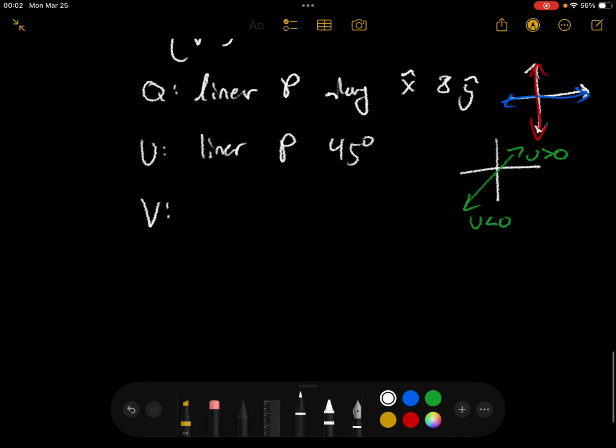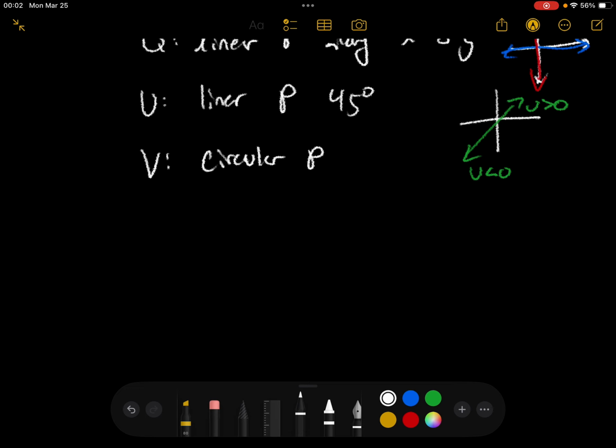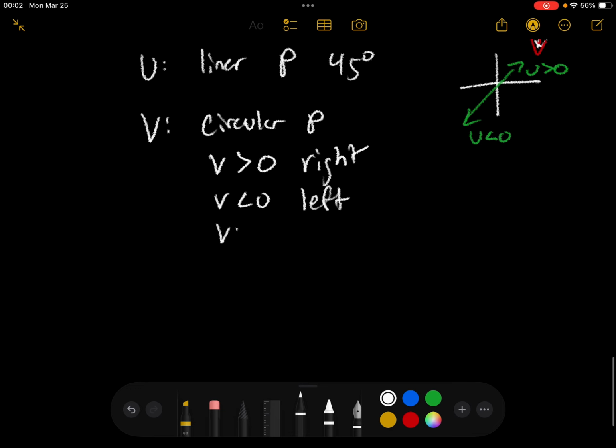And then V is the circular polarization, where it means it's going in a circle. If V is greater than 0, it's right-handed. If V is less than 0, then it's left-handed. And if V equals 0, then there is no circular path. It is not moving in a circle.